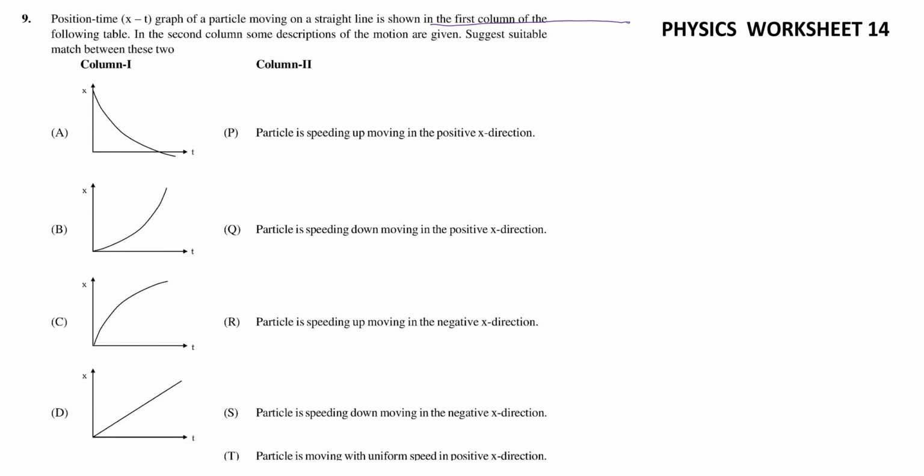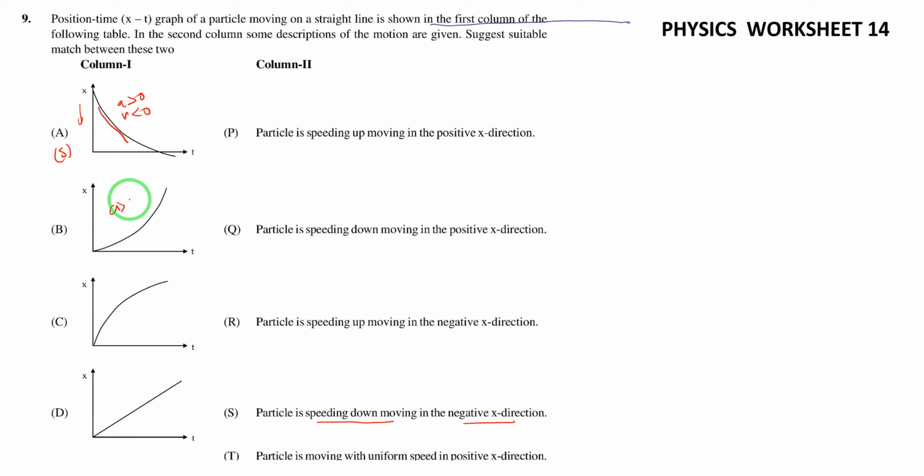Question number 9 is match the column. Column 1 and column 2 are given. Column 1 has x-t graphs and the corresponding statements are in column 2. If we read A, a is positive but v is negative. See, the slope is negative, right? So this is the case of speed down and the particle is moving in the negative direction. So A will match with S, speed down in negative direction. A का आंसर होगा S, ठीक है.